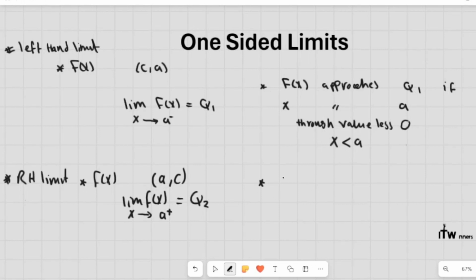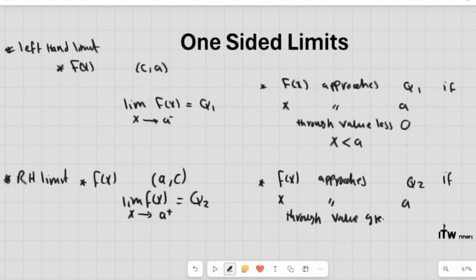Here I can say that f of x approaches q2 only if x approaches a, but through values greater than a. Okay, and here x is greater than a.